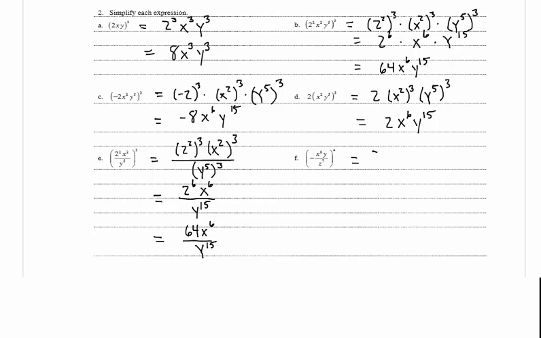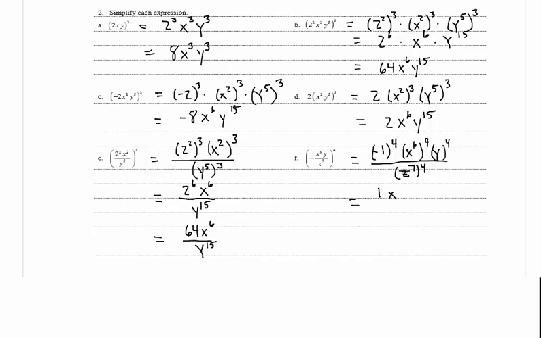So I can say negative 1 to the 4th power times x to the 6th to the 4th power times y to the 4th power, all divided by z to the 7th, all raised to the 4th power. And now negative 1 to the 4th power is equal to positive 1 times x.